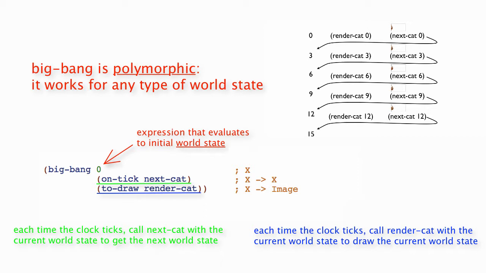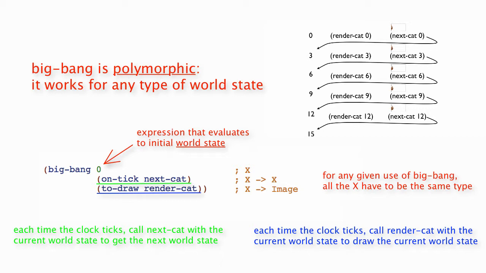And then for toDraw, you have to give it a function that consumes a world state of that type, whatever it is, and produces image. The key thing is, in any one use of Big Bang, all the x's have to be the same type. They all have to be consistent. That's what matters to Big Bang.